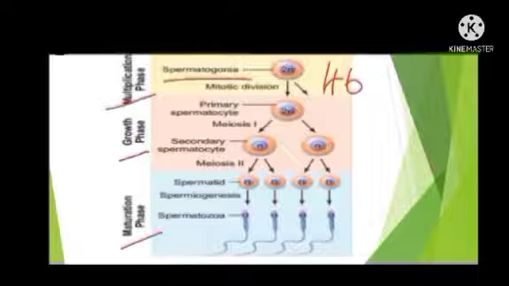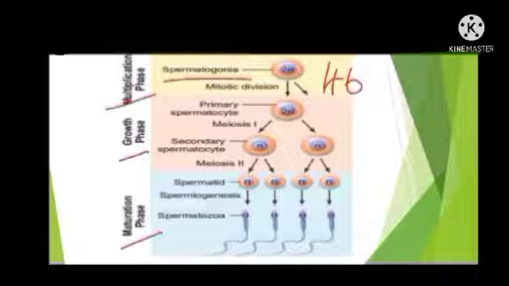Now, what is that growth phase? From the name itself, we can say growth of the cell occurs. So what happens to these spermatogonia? They increase their size. How do they increase their size? Due to the accumulation of nutrients in the cytoplasm. We can say they increase to about twice the size.